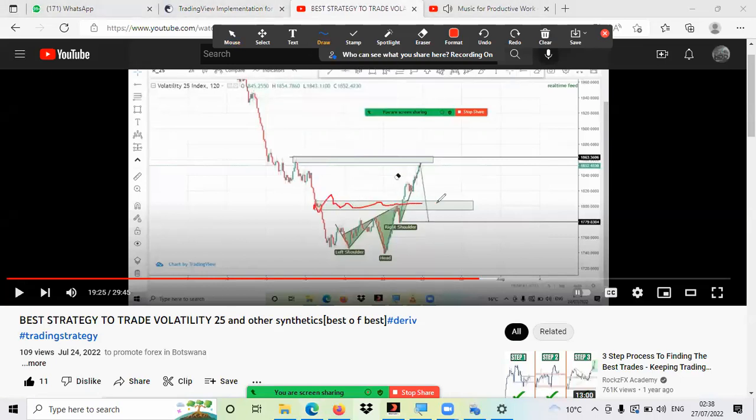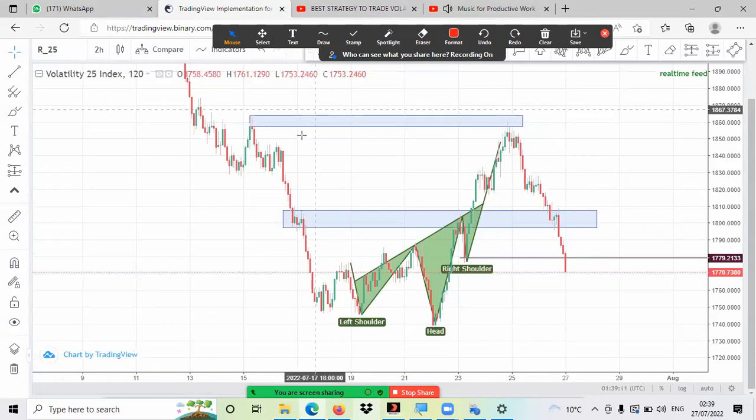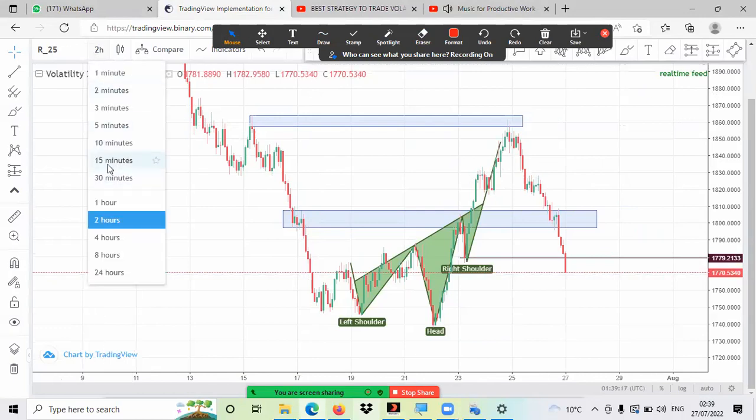We explained that this was an interest point for buyers needed to manipulate this area again. So that's our trade. We had our supply zone here.